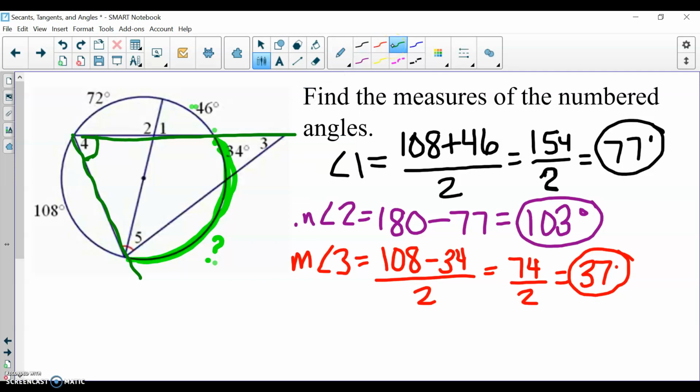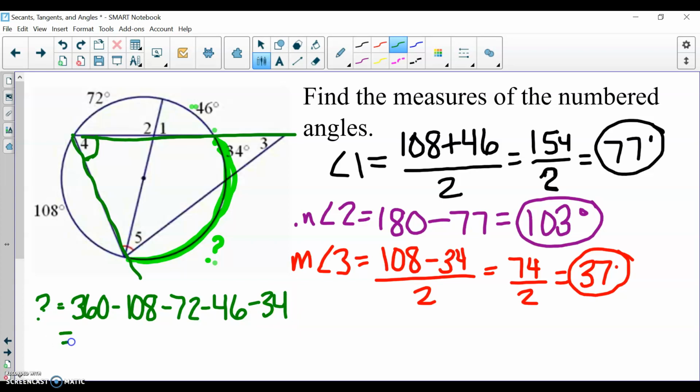So our measure, question mark, 360 minus 108 minus 72 minus 46 minus 34. Right, so again, that's our last arc, and that's why we're able to subtract all of that from 360.